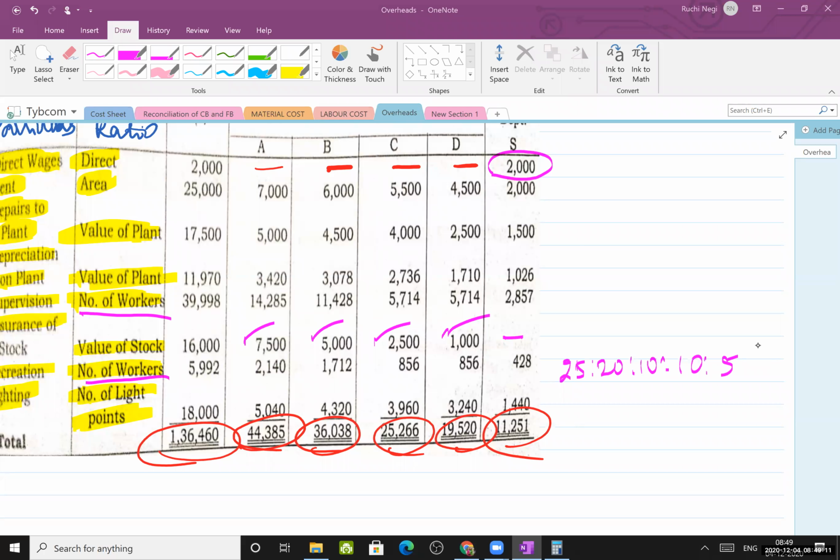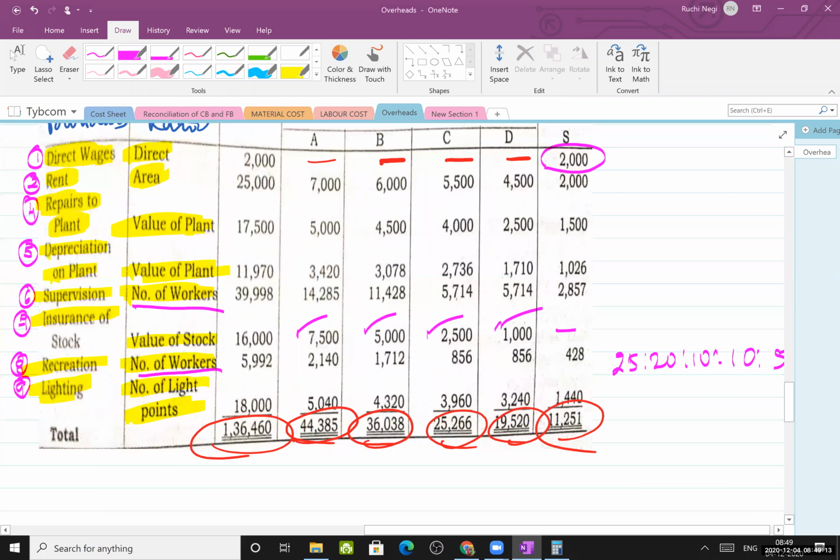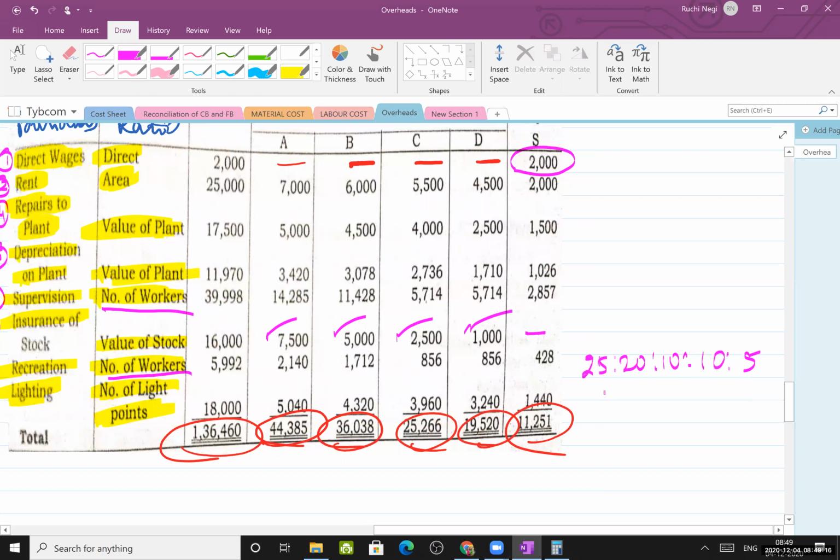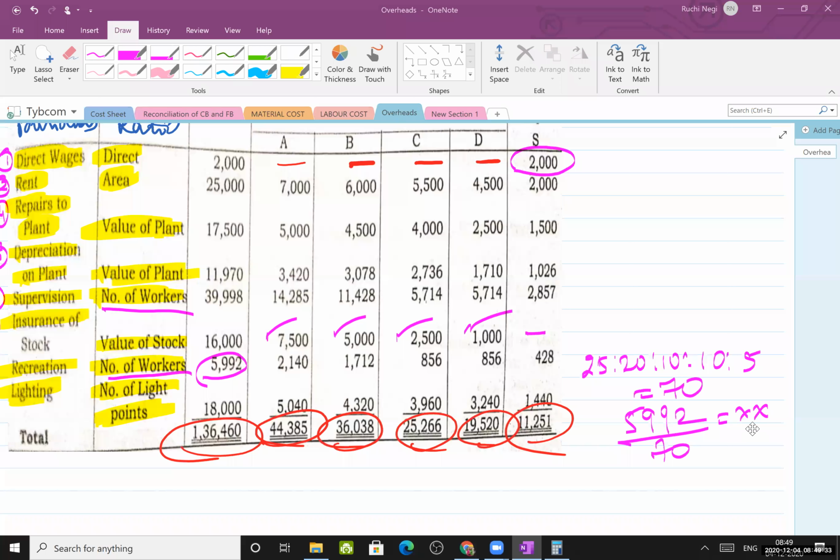Yes, Kajal, such questions will be there in exams, so I'm teaching you a shortcut. Okay, 25 plus 20 is 45, 55, 65, 70. Base is 70. 5992, this is my total. Divide by this 70, equal to sign, multiplication sign 2 times. Yes, Jyoti, it will. 5992 divided by 70.